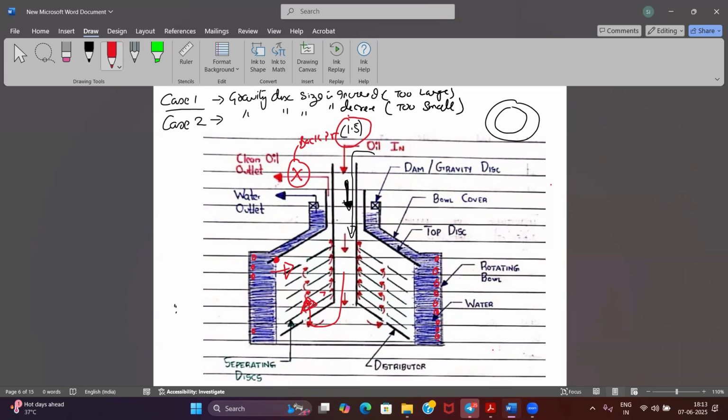Now, if the inlet oil is reduced, do you think my back pressure will also reduce? We have not touched the back pressure valve. So if back pressure is reducing, what happens? The interface will shift inwards. Is it understood to everyone? How my feed is affecting the position of my interface?